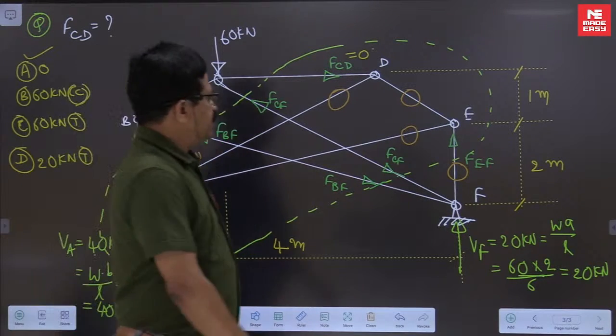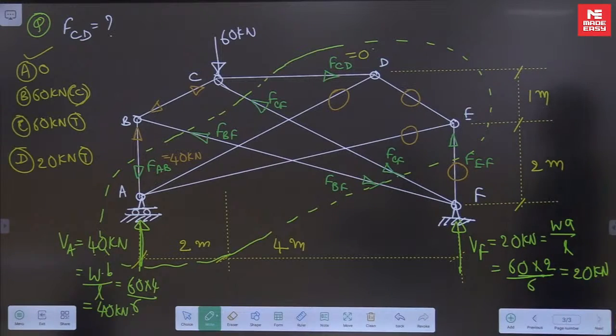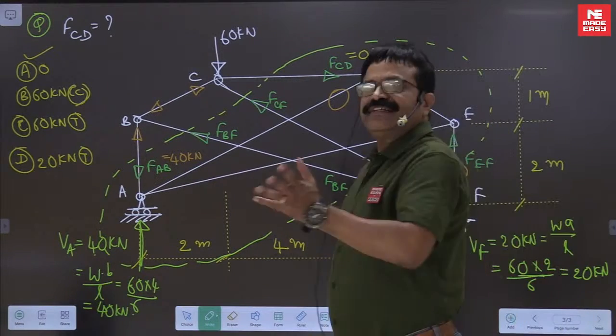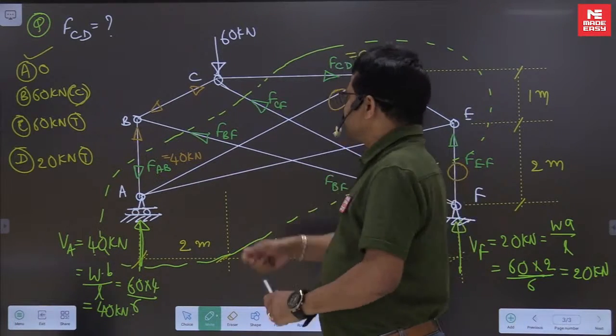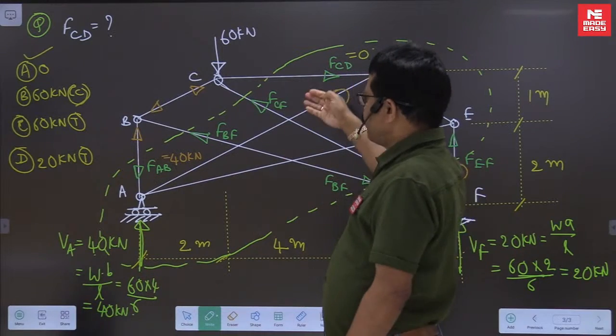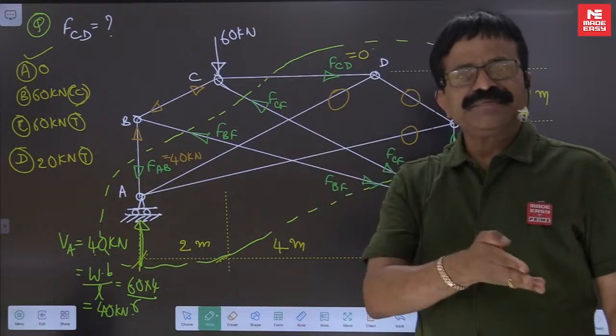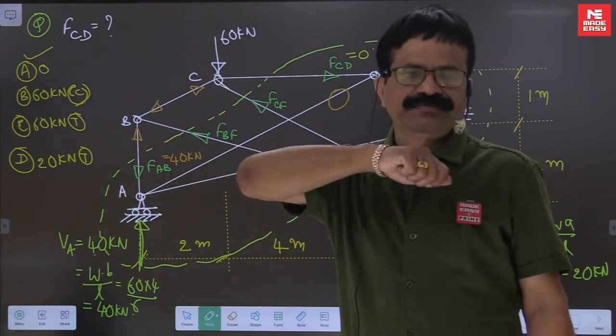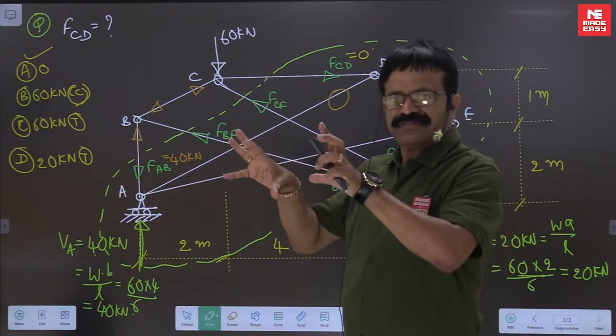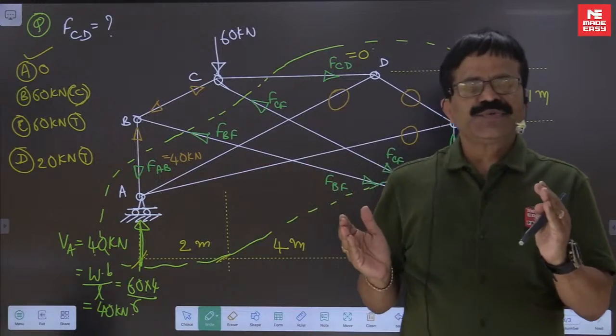Okay? Now I think it's understood. How method of sections can be used, not necessarily a single line. Your cut section need not be vertical. It need not be inclined. It can be curved also. Whatever segment or whatever section of the truss you want, you can take it.